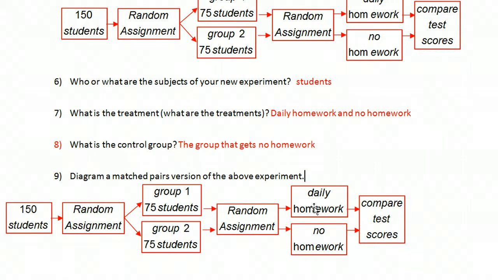And then you'd have another unit where no homework was assigned, assuming that the units are very similar in level of difficulty. And then when you compare the test scores, you're not comparing between groups, you're comparing each individual to herself. So same kid, you compare how she did in the unit where she had homework to how she herself did in the unit where she had no homework. And then you see if you can see a pattern.